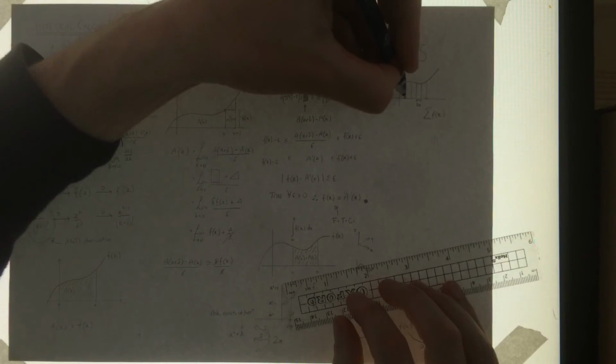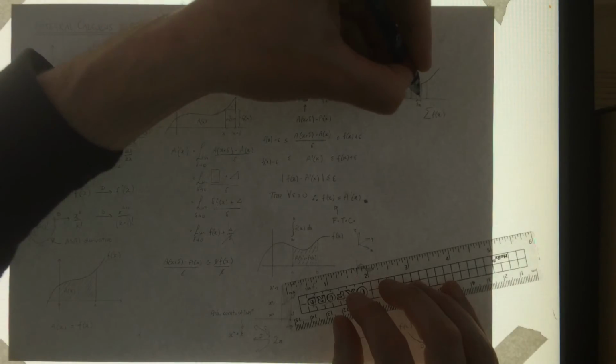This is x0, this is x1, this is x2, and so on. So f of xi times the width. And now we're taking the limit as delta x tends to 0. So you can imagine this becoming a more and more fine-grained approximation of lots of little rectangles.